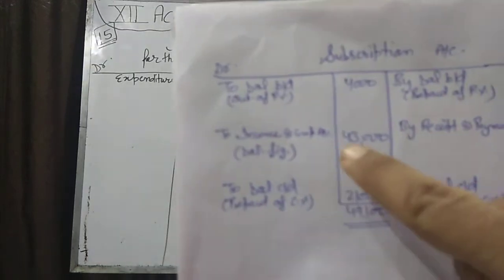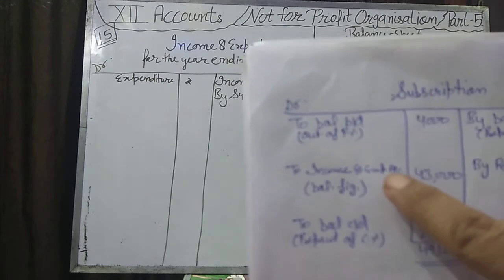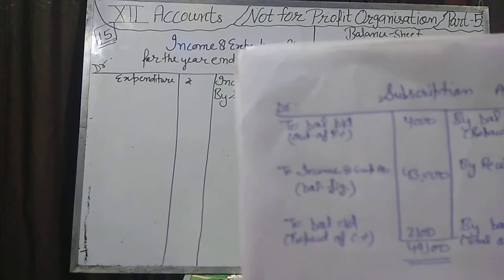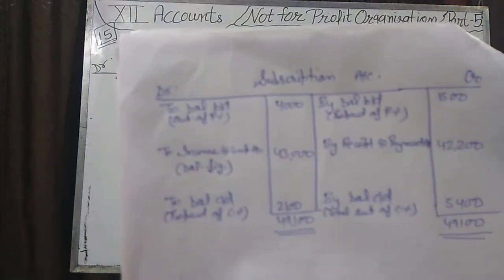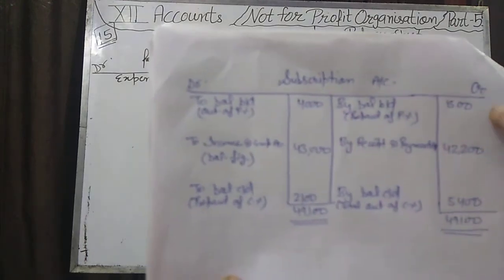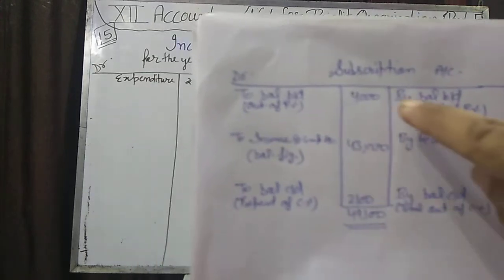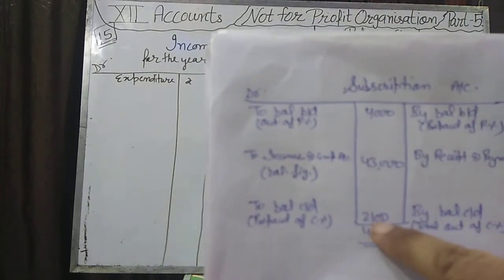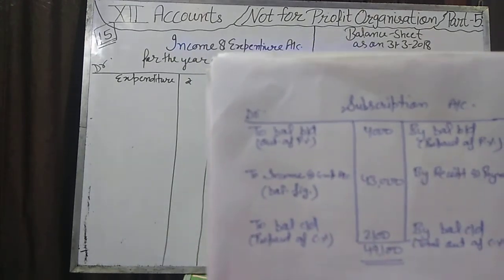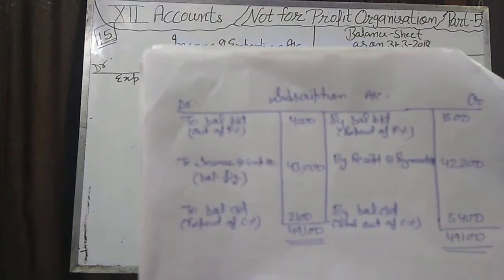So we can get the amount which we write in the income and expenditure account, which will be the balancing figure on the debit side. Balancing figure means the difference of debit and credit. If you total the credit side it will come to 49,100. Deduct from it 4,000 and 2,100, then we will get 43,000. This is the amount that we will write in the income and expenditure account.